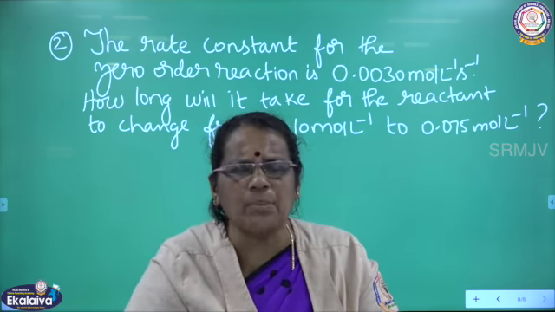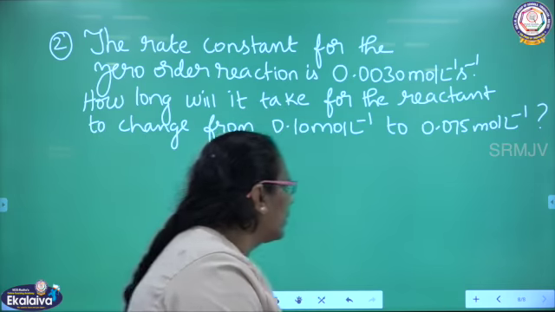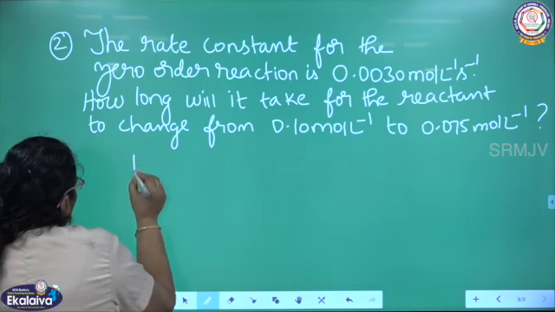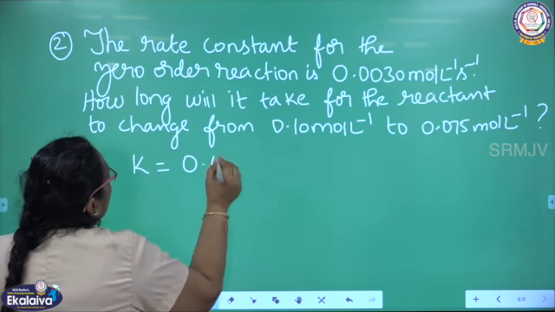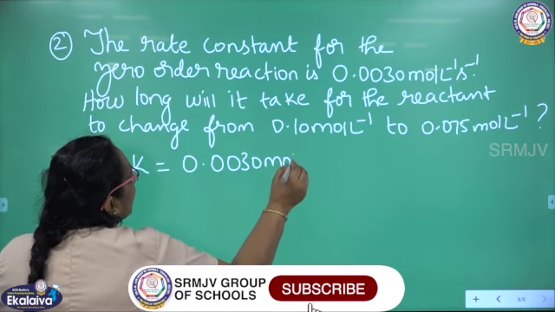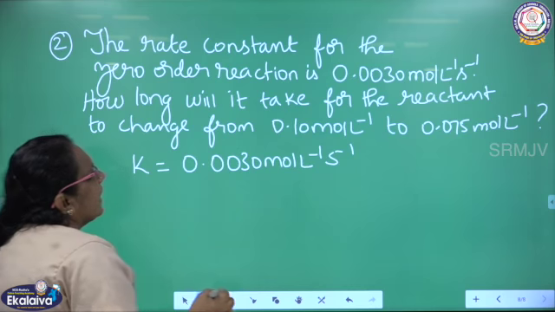We will write the formula. After that, we will substitute all the quantities in the formula. First, write down what they have given. K value they have given, the rate constant. What is that? 0.0030 mole per liter per second. And what are the other two quantities they have given?